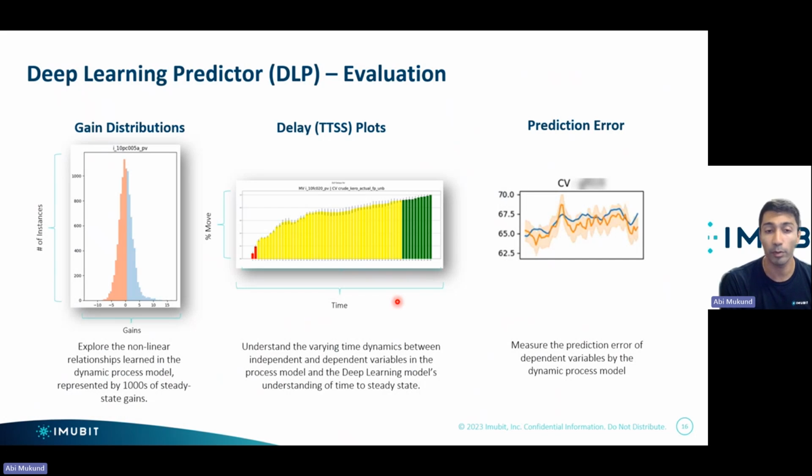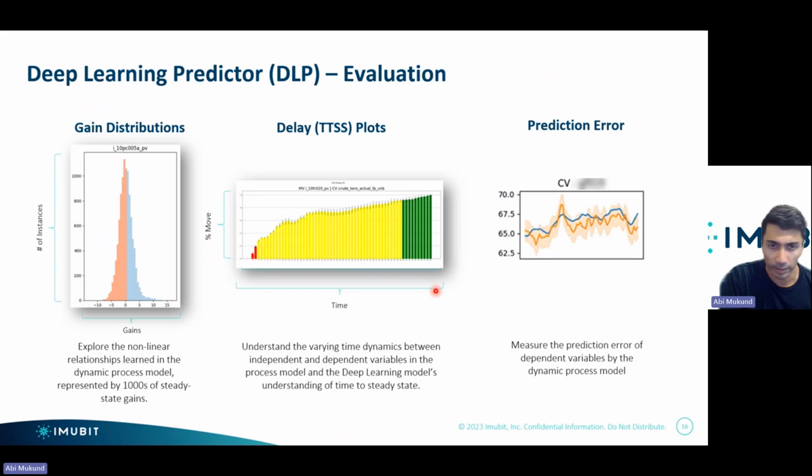Specifically, we show on charts like this that between an independent and dependent variable over 10,000 gains, what are those gains that it's learned? In reality, the model is learning hundreds of thousands of gains, but we simplify it to show steady state gains on these distributions. I'm going to double click on this later, so I'm not going to go into too much detail right now.